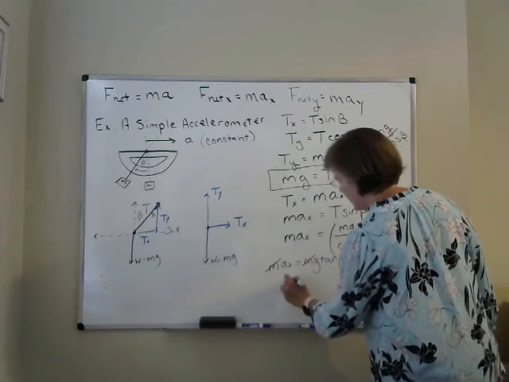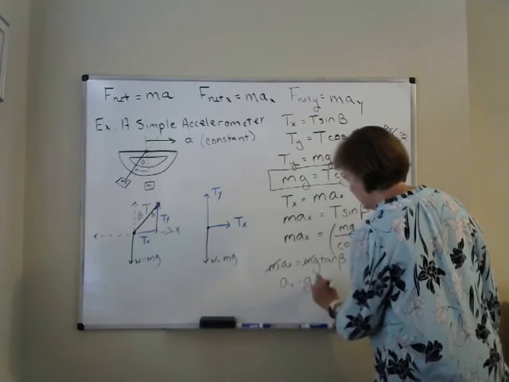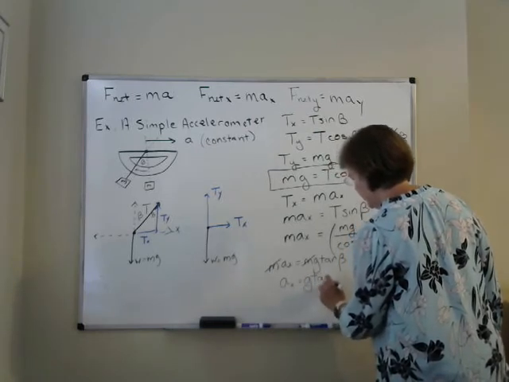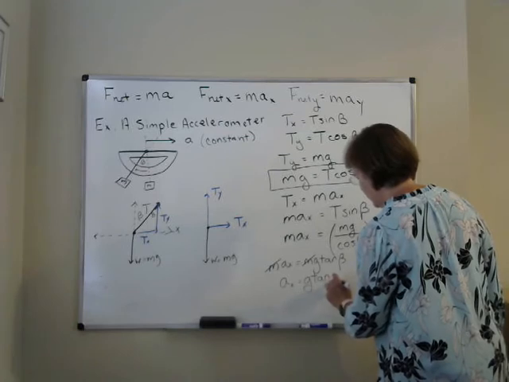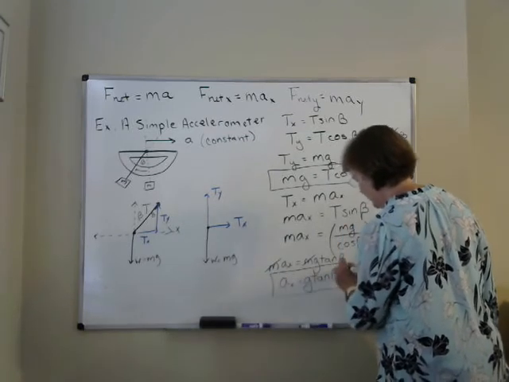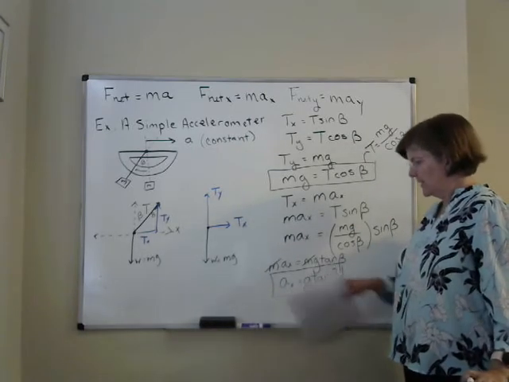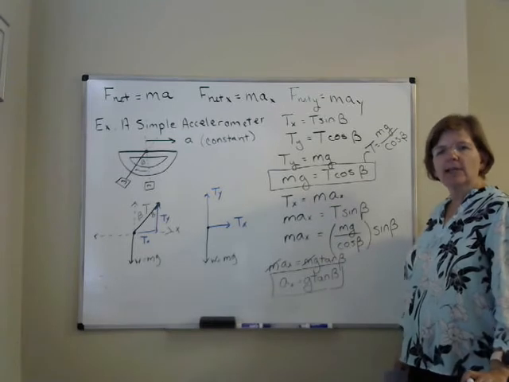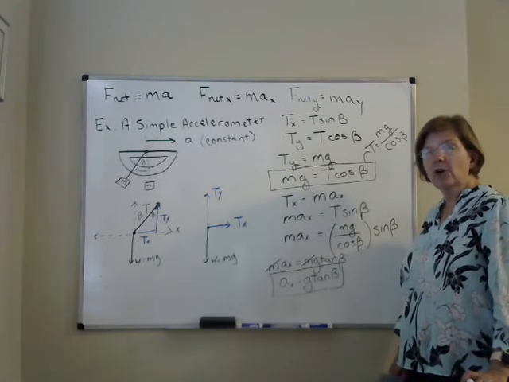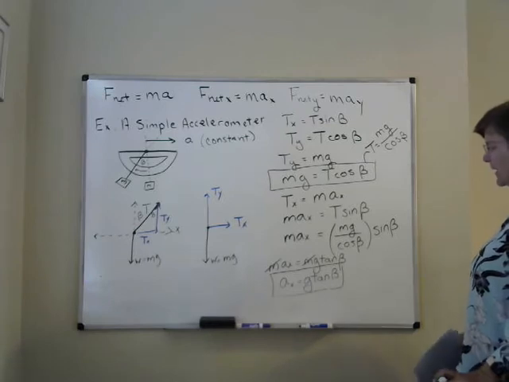So I end up getting that my acceleration is just g times tangent beta. That's a pretty simple equation. If you know the angle and you know the acceleration due to gravity, you can find the acceleration of the car. Let's think about this for just a little bit.